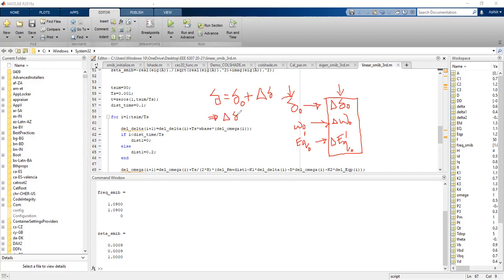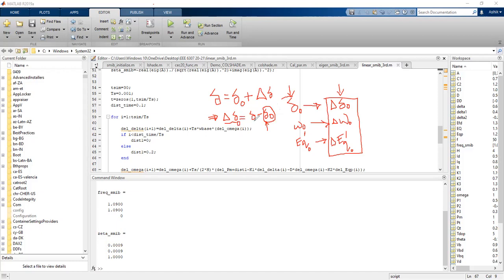We can get the expression of del delta equals delta minus delta naught, where delta naught means the value of delta at the initial equilibrium point or the initial operating point, right? So if I'm looking for this del delta value at the first instance, at the initial operating point, we can call it del delta naught.